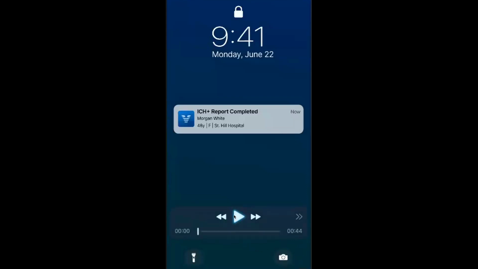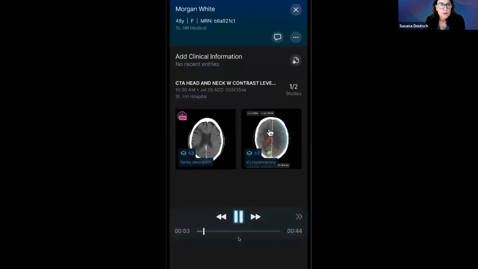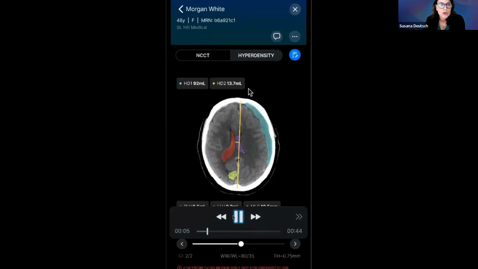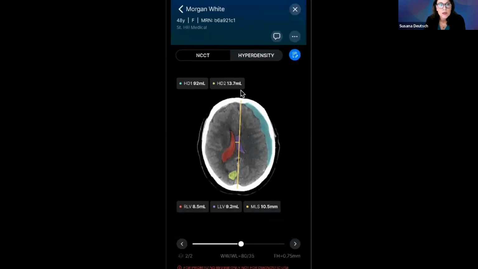Great. Okay, so this is what the notification looks like. You'll have a report completed notification pop up, and you just click on that, you get into the patient card. You'll see 2 screens on the patient card, and you can pick a regular non-contrast CT or this non-contrast CT with the segmented overlays.